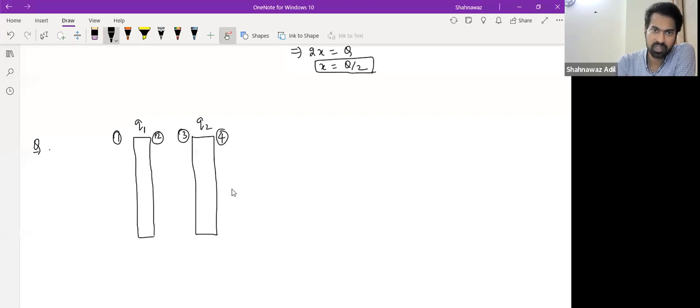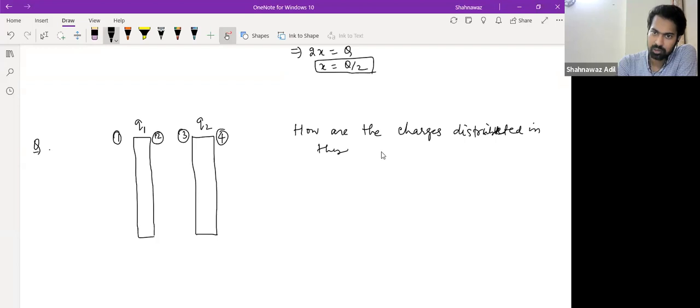Yes, Tarif and Faiza, understood. Yes, sir. So the question is how are the charges distributed in these regions, right?